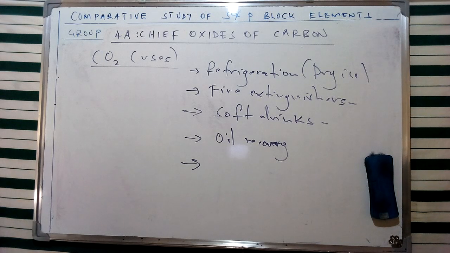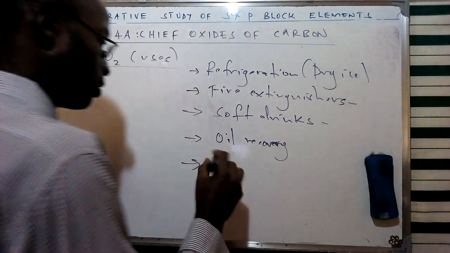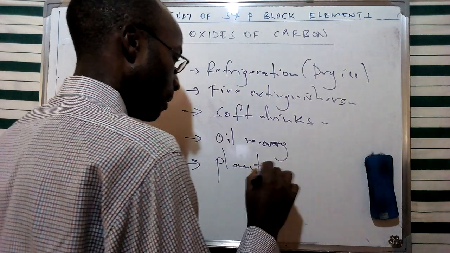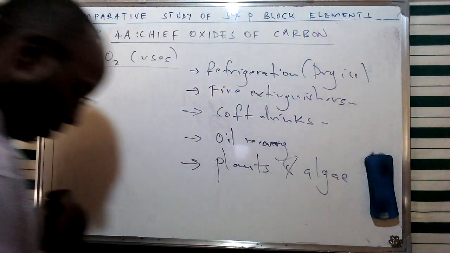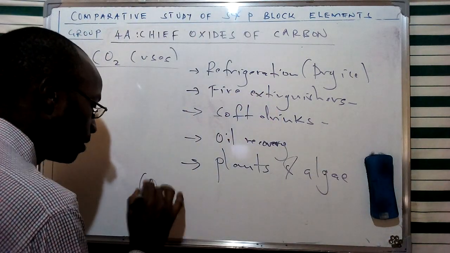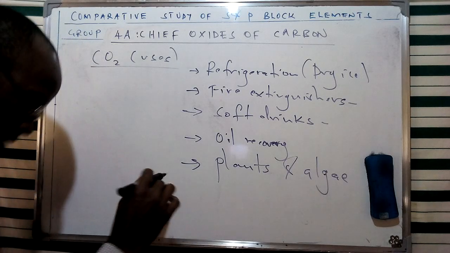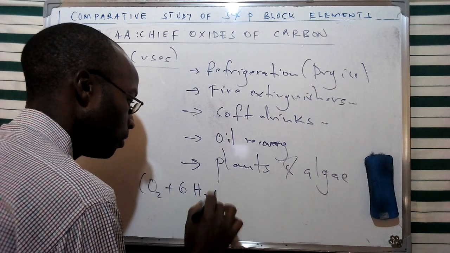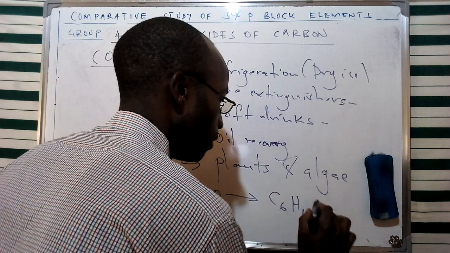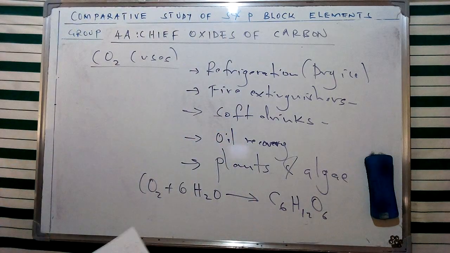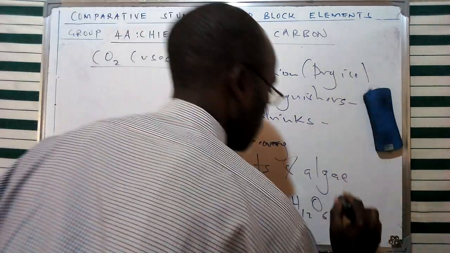And of course, I've mentioned the concept of being used by plants. So this is going to be used by plants and algae, whereby we're going to see that this carbon dioxide is going to combine with water. So I'm just going to write this specific equation. This is going to lead to the formation of carbohydrates plus oxygen.